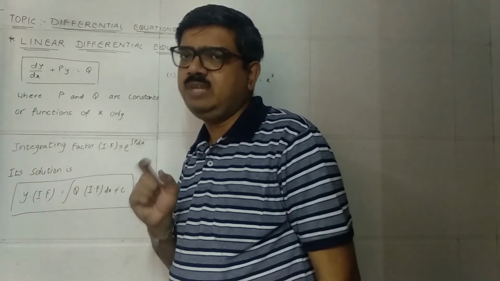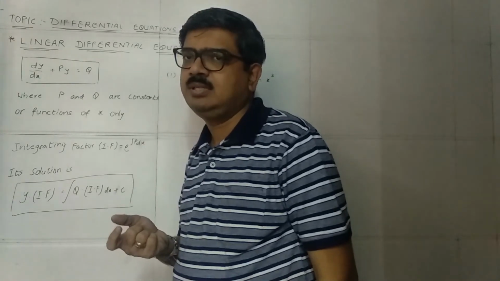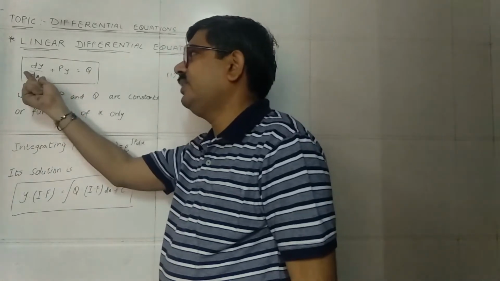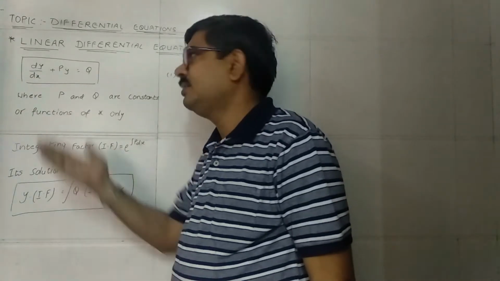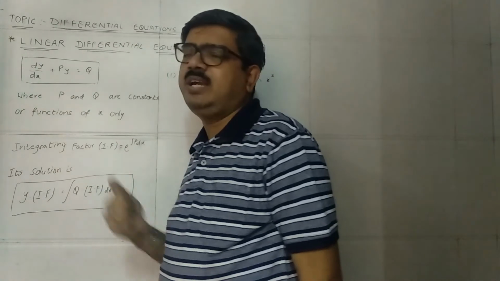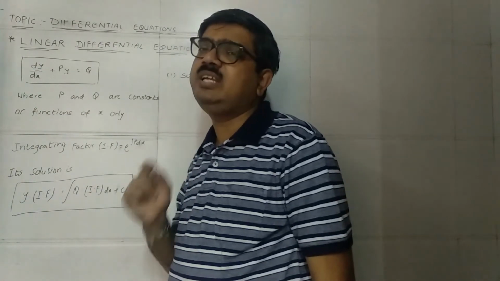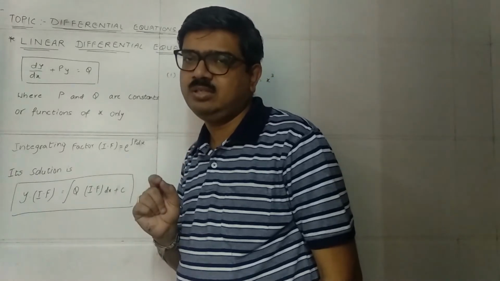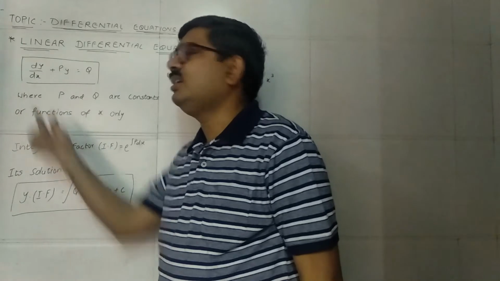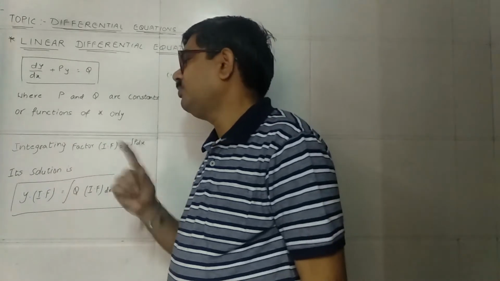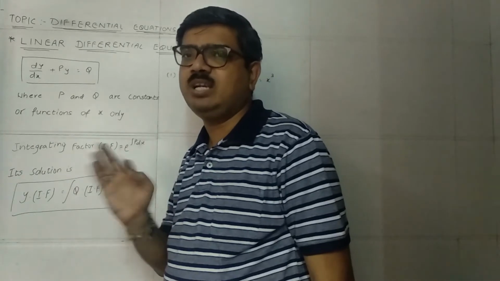If any other variable is multiplied with this term, you have to eliminate that variable and try to get only dy by dx. So keep this in mind, that the first term must always be dy by dx.